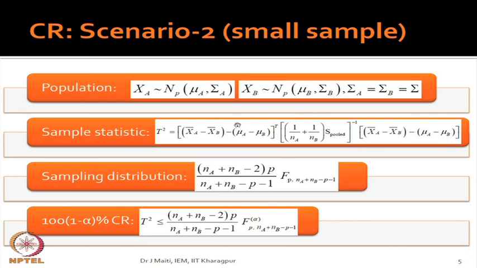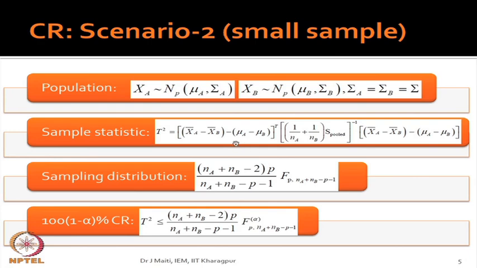This quantity follows what distribution? F distribution again, okay. But you see some other part, the two component is there. In the earlier case, it was n minus 1 into p by n minus p. What is written here?